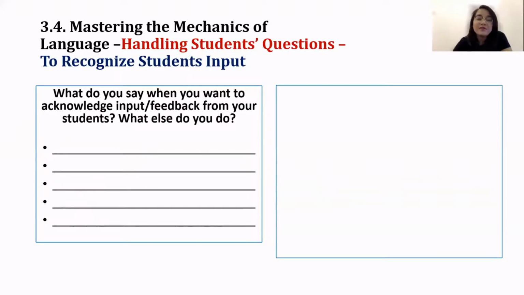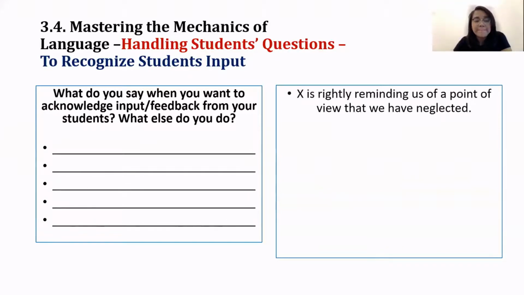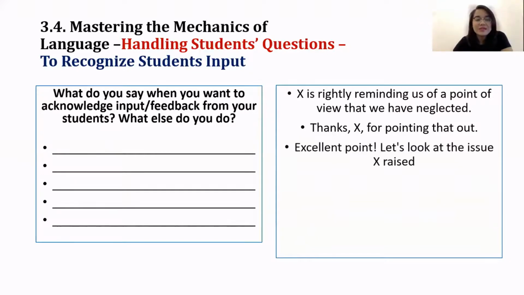Here are some useful phrases. X is rightly reminding us of a point of view that we have neglected. Thanks, X, for pointing that out. Excellent point. Let's look at the issue X raised.